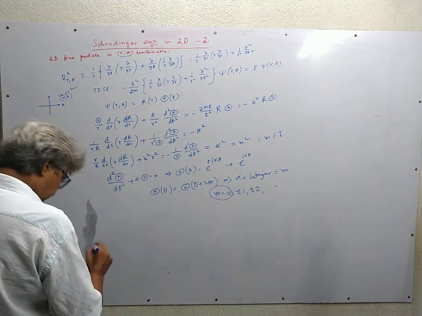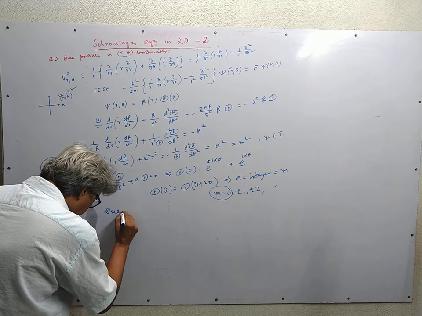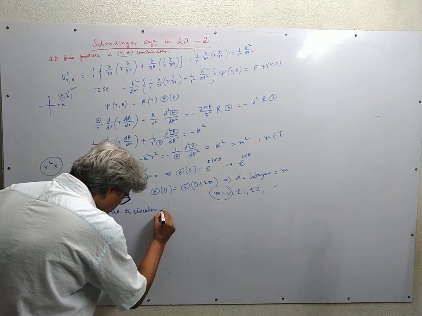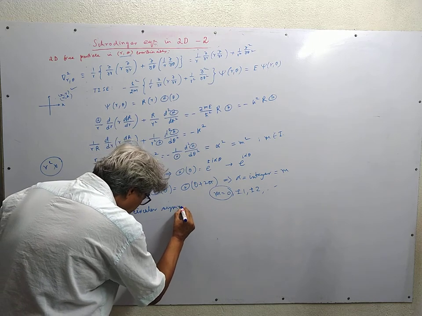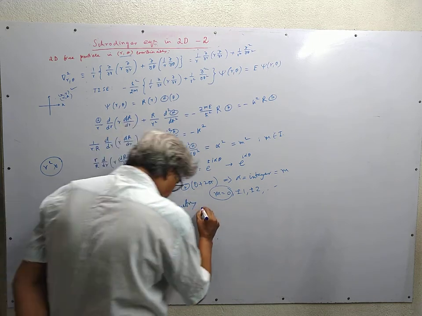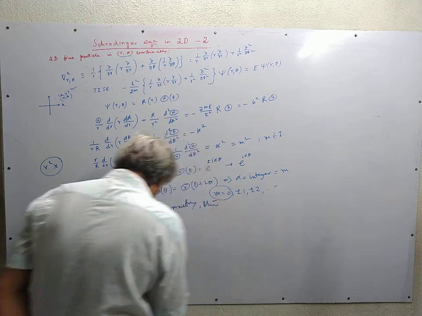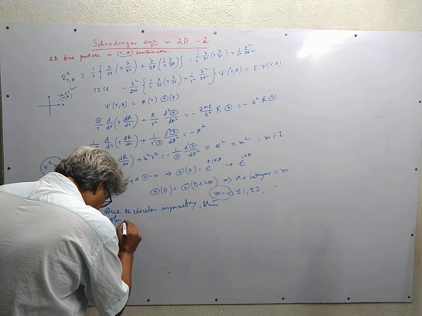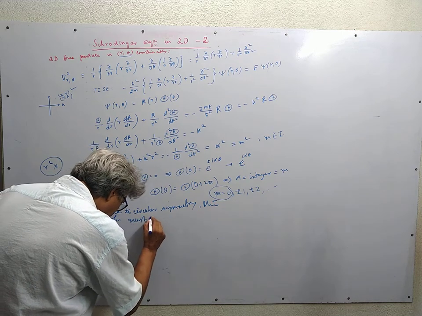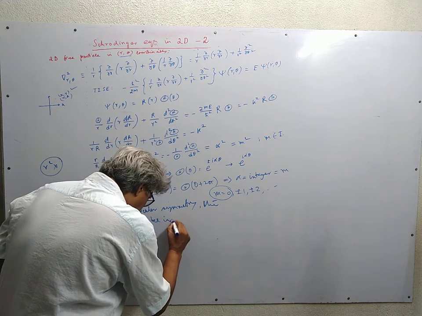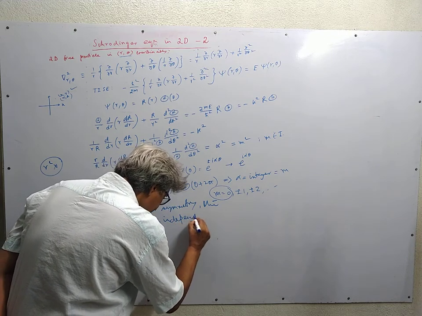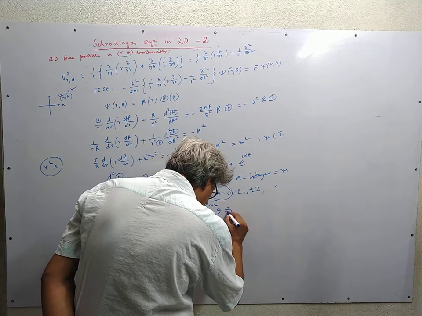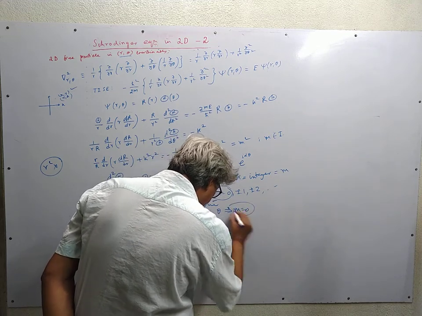Due to circular symmetry, the solution must be independent of theta, which implies that m is 0 in this case.